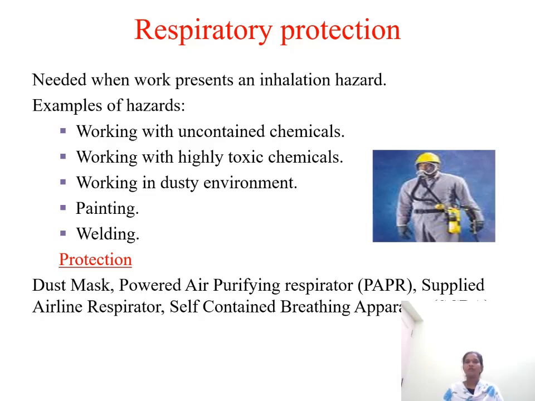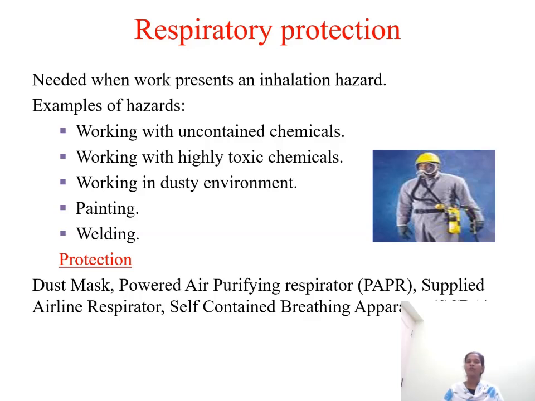Respiratory protection. Respiratory protection is very important as it affects the lungs directly. It is needed when work presents an inhalation hazard. Examples of respiratory hazards include work with uncontained chemicals, working with highly toxic chemicals, working in a dusty environment, and painting, welding.